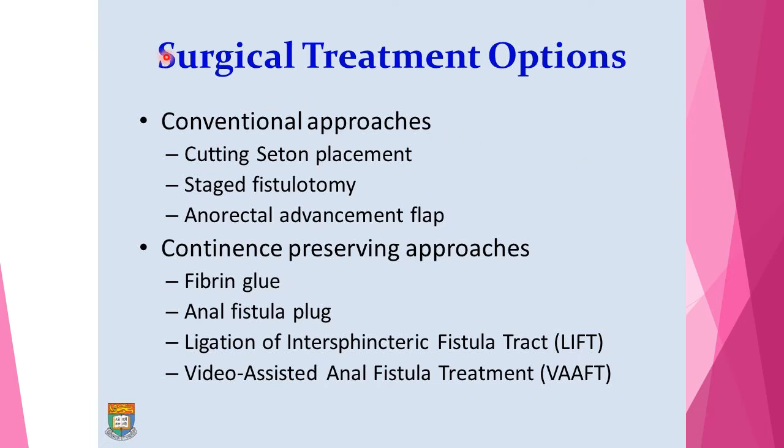This is a summary of the surgical treatment options. The conventional approach includes cutting seton placement, staged fistulectomy, and anorectal advancement flaps. Lately, less invasive procedures have come in: use of fibrin glue, anal fistula plug, and the ligation of intersphincteric fistula tract, or LIFT procedure, which I mentioned just now, where the opening and exit of this tract are ligated so as to block off the intersphincteric fistula tract.